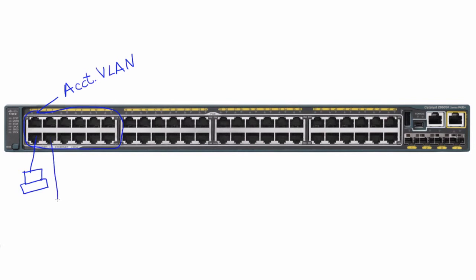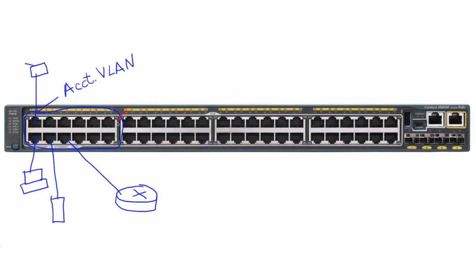Maybe there's a server connected off of one of those ports. Maybe I have a networked printer connected. Let's say I've got another port that goes down to a router. And because all of these ports belong to the same VLAN, a broadcast seen on one of the ports will be seen on all of the ports.